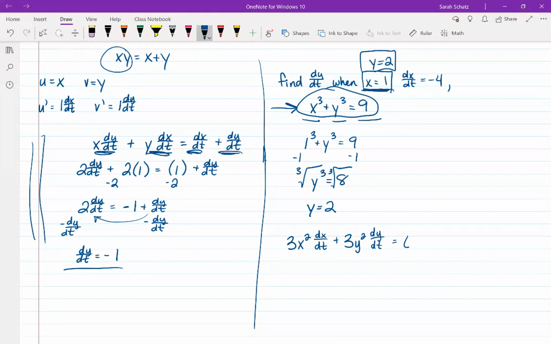On the other side, we'll just have a 0. And then you can plug in all the stuff you know. I know that x is 1, so this is 3 times 1 squared. I also know dx/dt is -4, plus 3 times y, which I just found, is 2 squared, dy/dt equals 0.